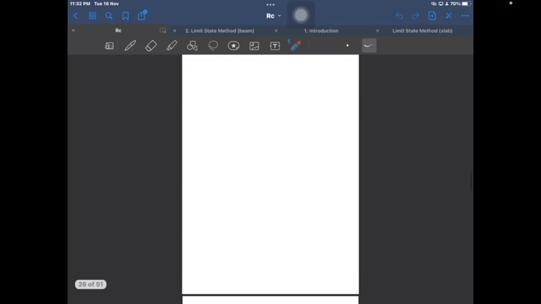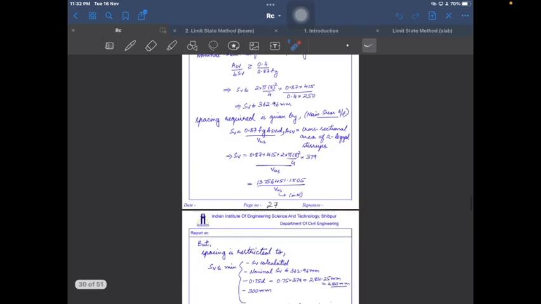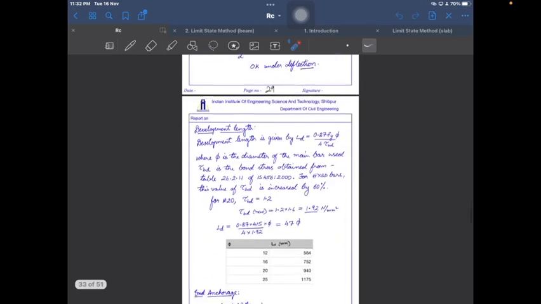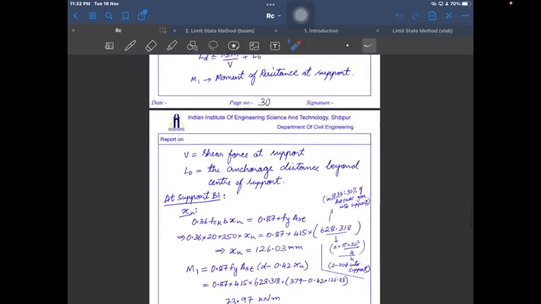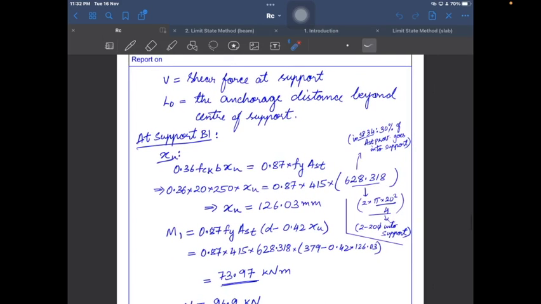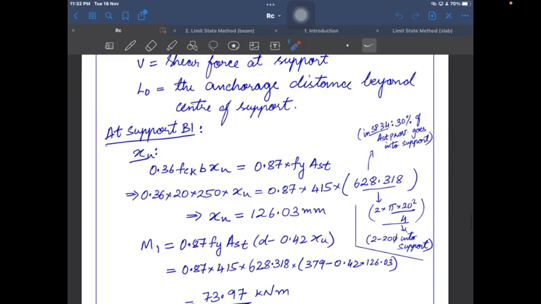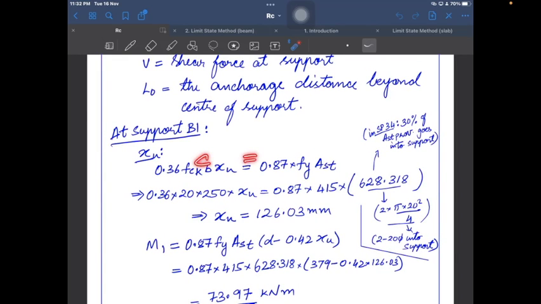So coming back to support B1, we have got, like this formula, C equals T, compression is tension.